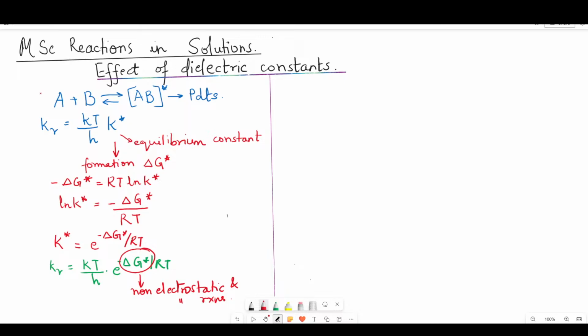So we can say that delta G star is equal to delta G star non-electrostatic plus delta G star electrostatic.